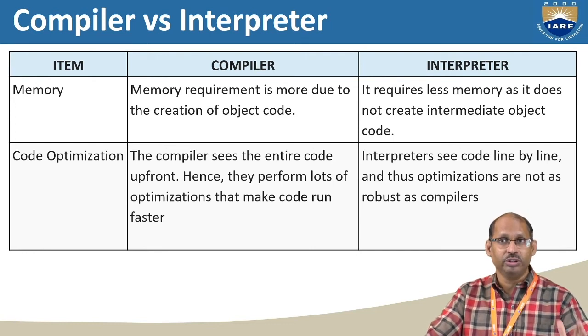Because the compiler knows what is the first task, what is the second task, what is the third task, what is the next task. So it can combine, it can modify.